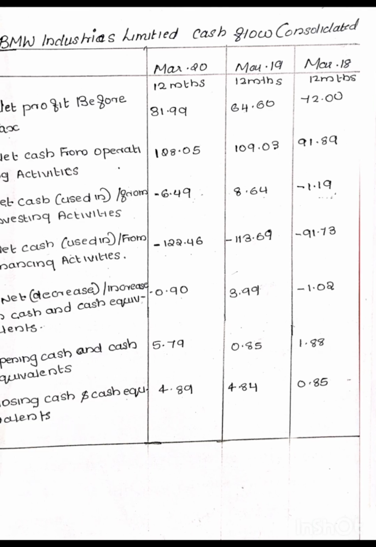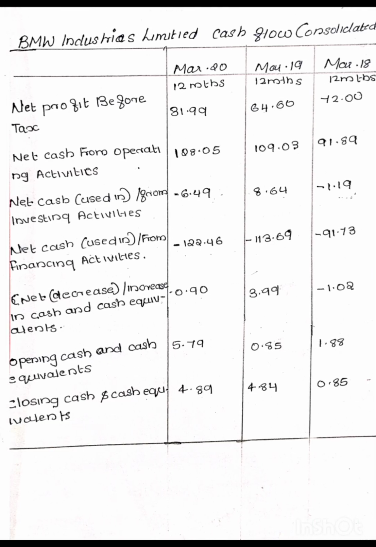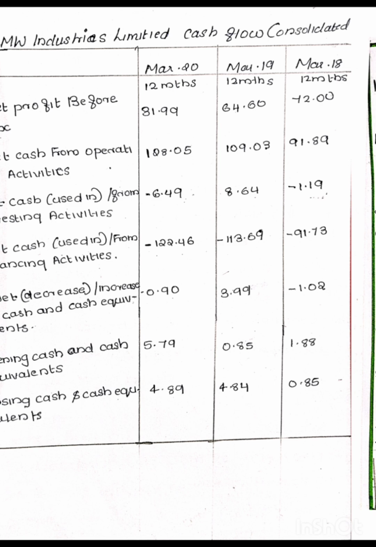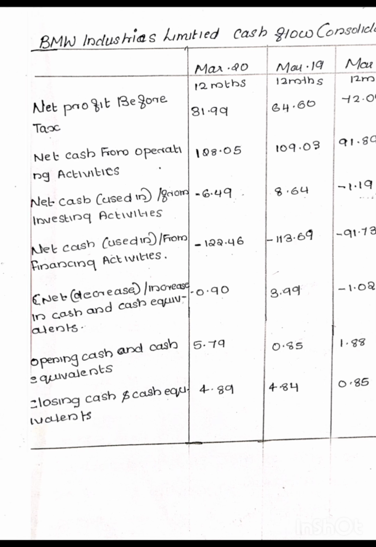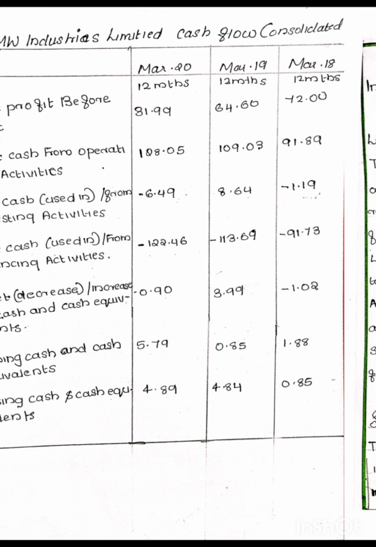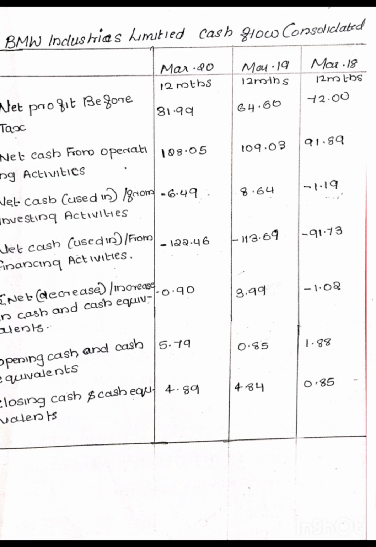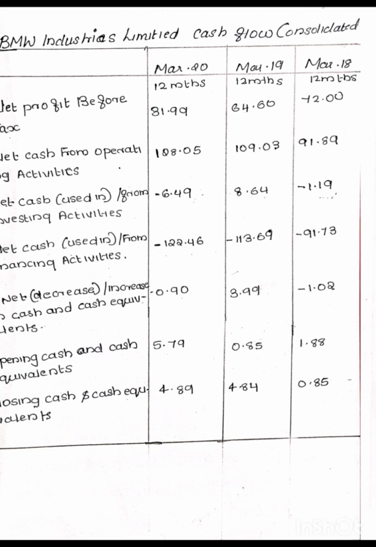Then the cash flow. Net profit before tax for the 12 months ended March 2024 is 31.93, March 2023 is 64.60, then March 2022 is 12.00. Net cash from operating activities is 128.05, 109.03, 91.89. Net cash used in investing activities is minus 6.49, then 8.64, then minus 1.19.